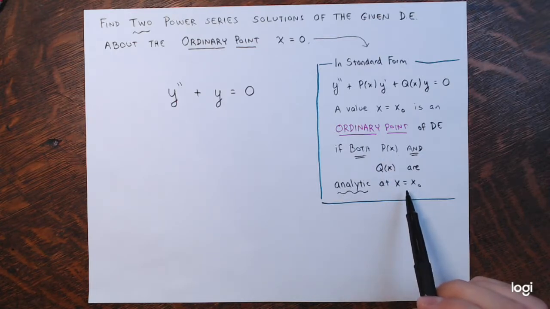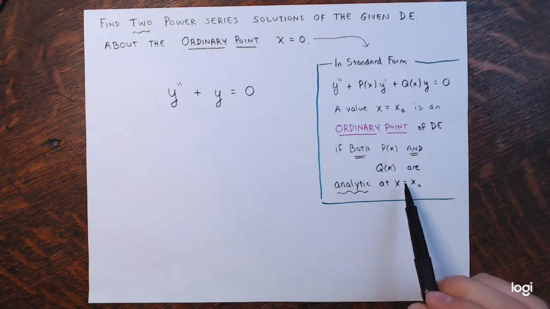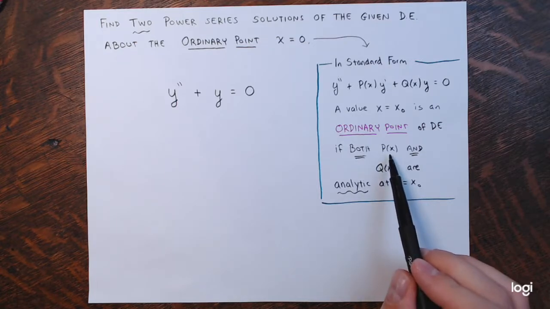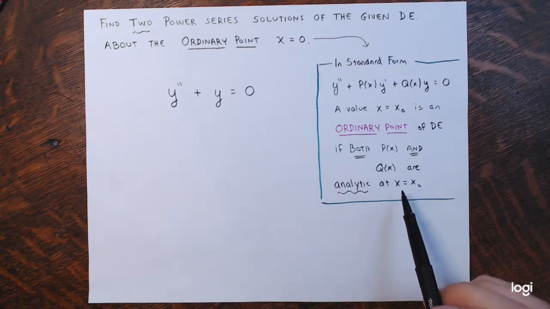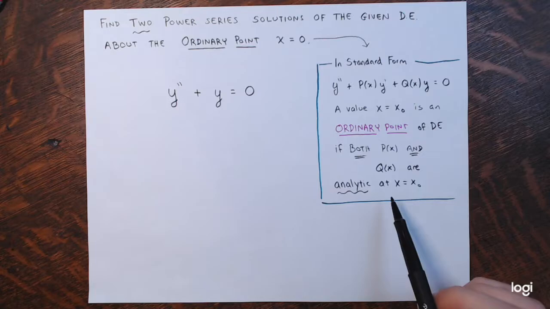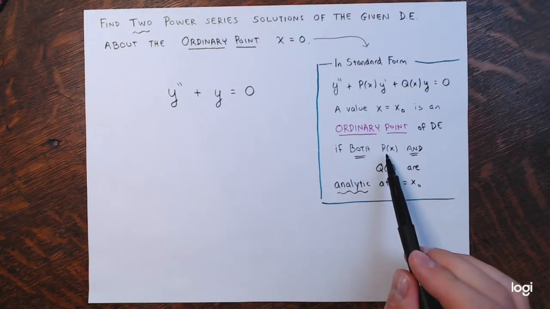And again, I'm assuming you know what that means. In other words, the function and basically all its derivatives exist at x sub 0. Or, maybe the limit as x approaches x sub 0 of the function, and of all the derivatives of that function, exist.